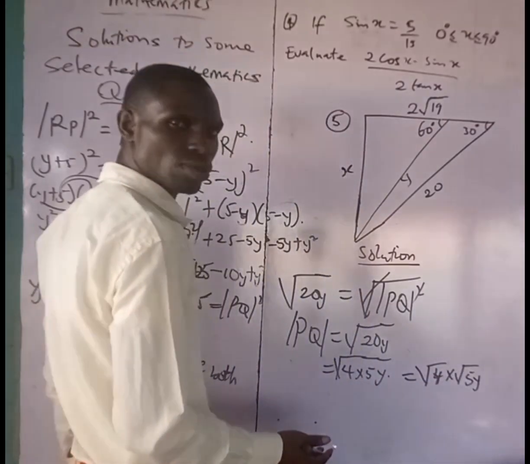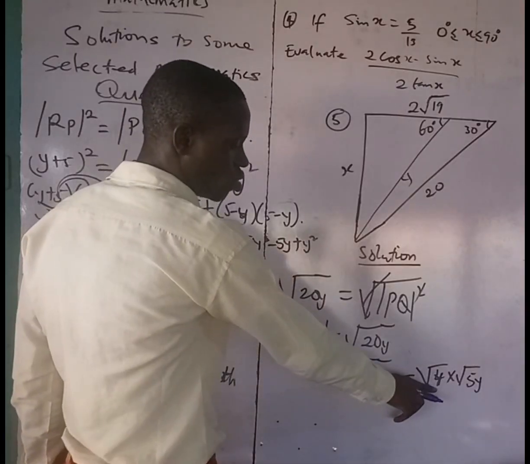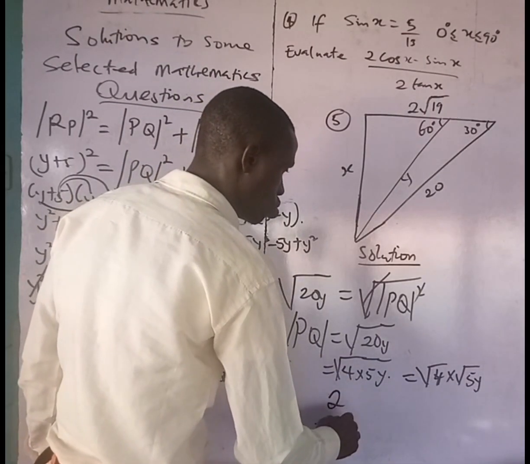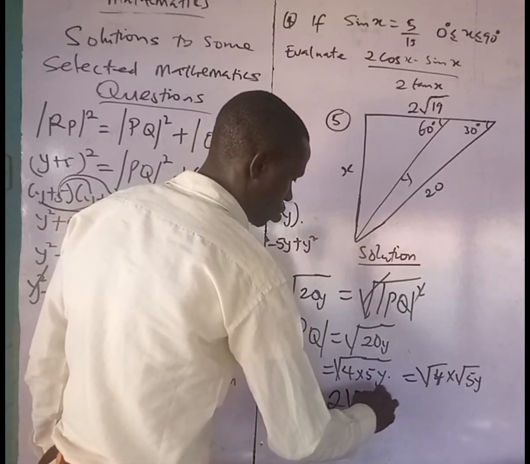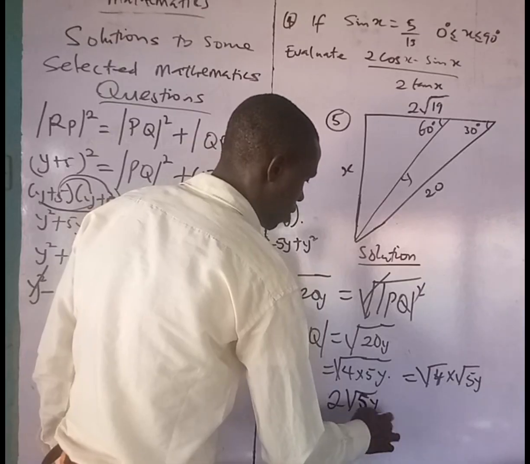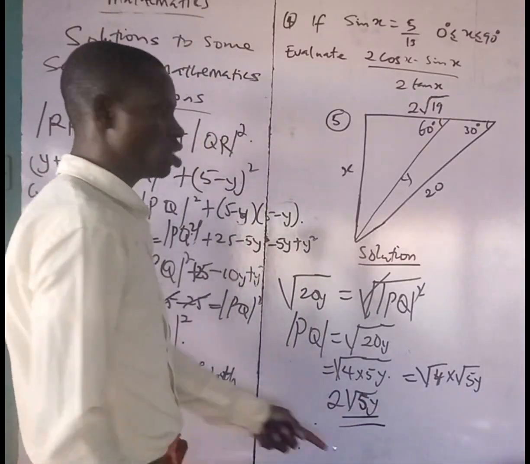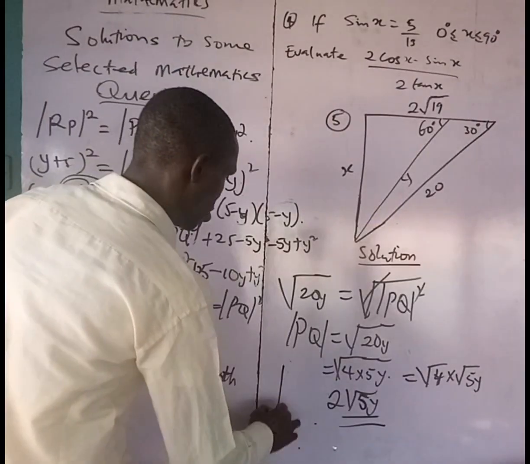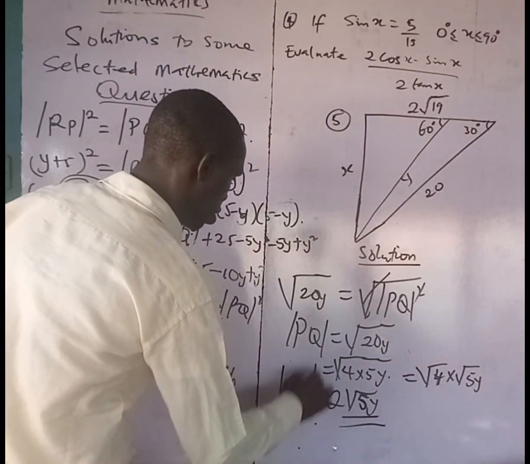Is that true? Alright, so what's the square root of 4? That gives us 2 root 5y. So this is the answer for line PQ.